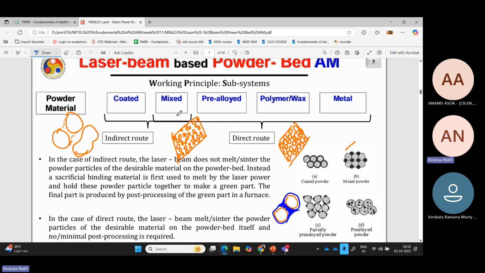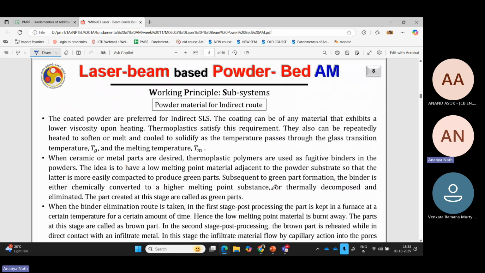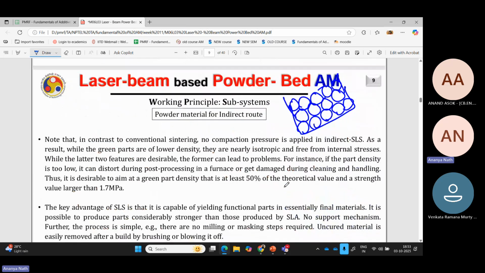If you want to print a very unique alloy, then you can pre-alloy the part in casting or wrought, and then you can make the powder out of it using the atomizer, and then you can print it in LPBF. That can be one way. Or you can mix two different powders using a ball milling process, and then you can print it in the LPBF process. That can also be done. These are a few direct and indirect ways of getting different parts in LPBF.